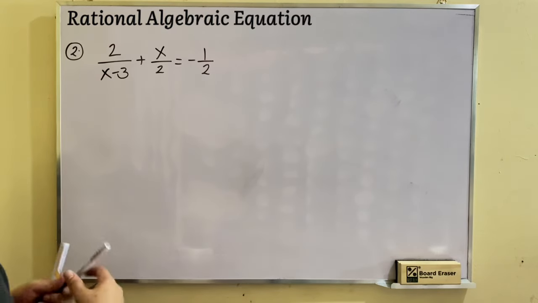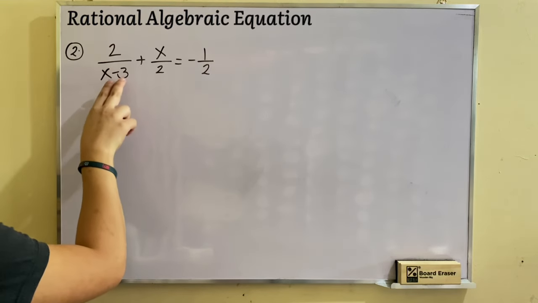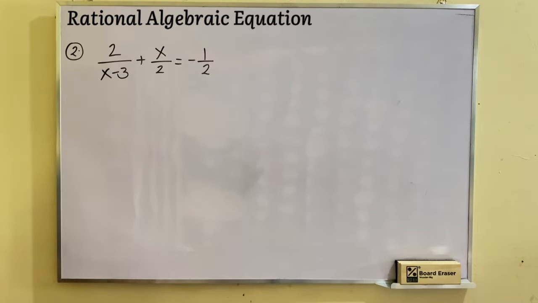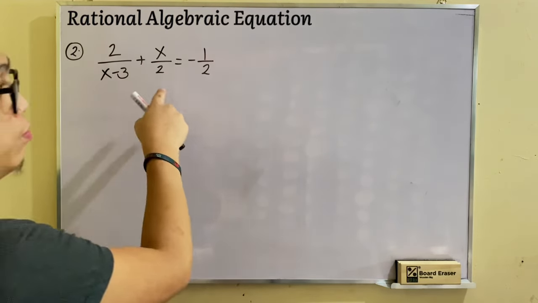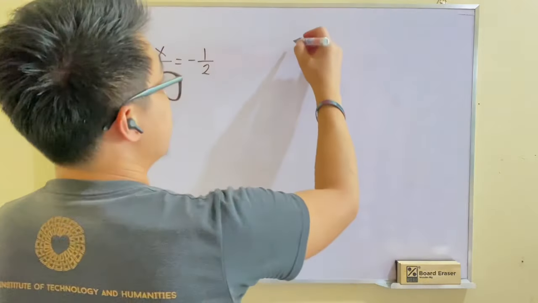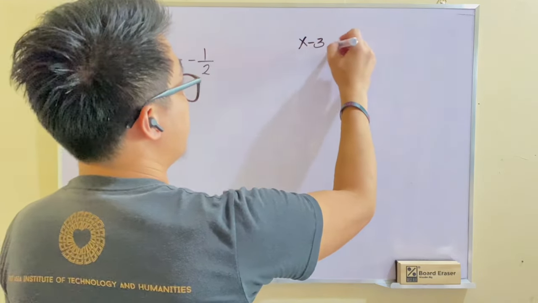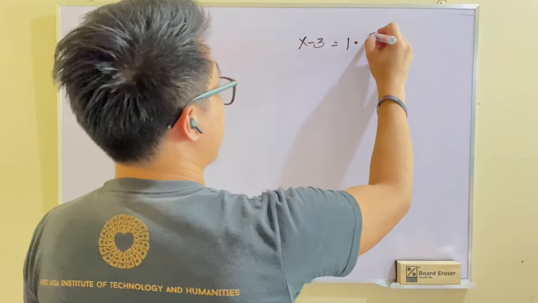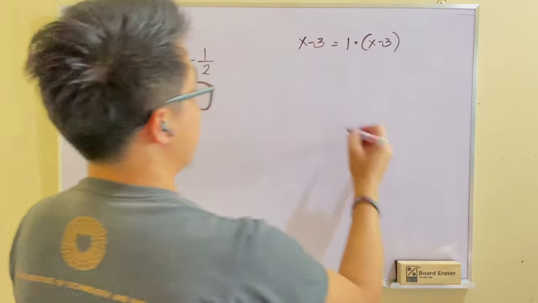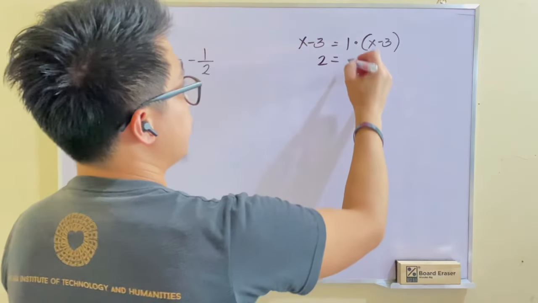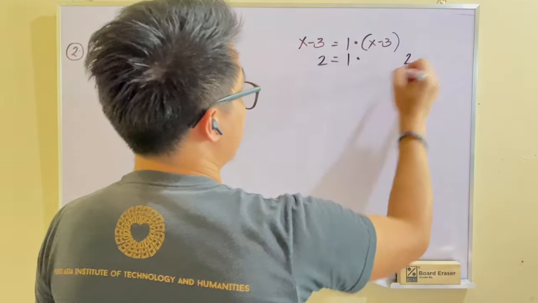So, first step, hanapin natin ang LCD ni x minus 3 at ni 2. Para makita natin ang LCD nilang dalawa, kailangan hanapin natin yung factors muna nila. So, x minus 3, ang factors niya is 1 times x minus 3. And then yung 2, so ang factor niya is 1 times 2.